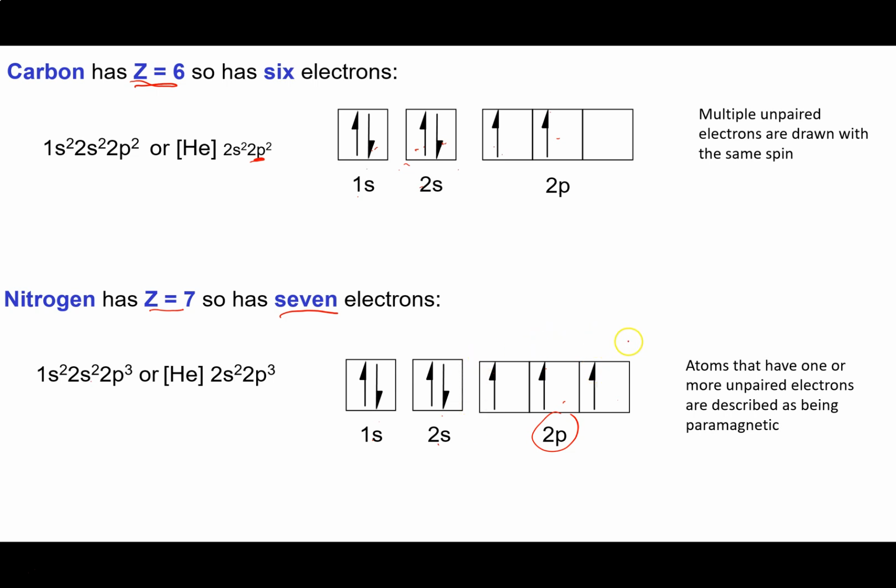So we've got multiple unpaired electrons. Atoms that have 1 or more unpaired electrons are described not as diamagnetic, but as paramagnetic. So we've got a few terms there: diamagnetic, paramagnetic, unpaired electrons, and paired electrons. You need to know the names of those terms.